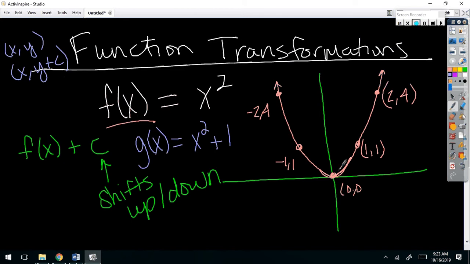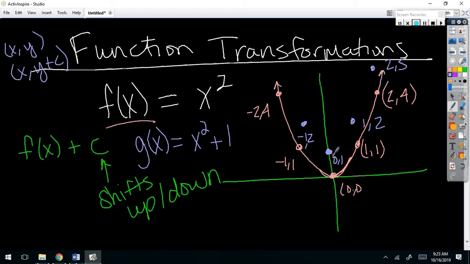So 0, 0 becomes 0, 1. What do you think 1, 1 becomes? 1, 2. Negative 1, 2. 2, 4 becomes, what does it become? 2, 5.